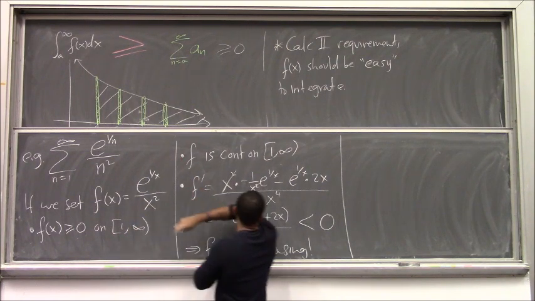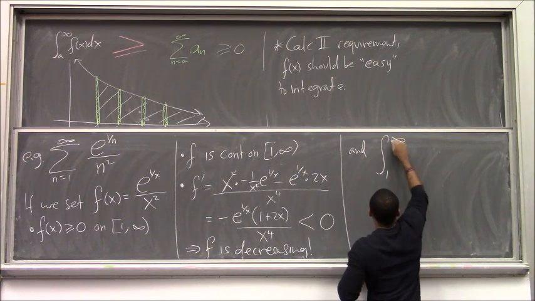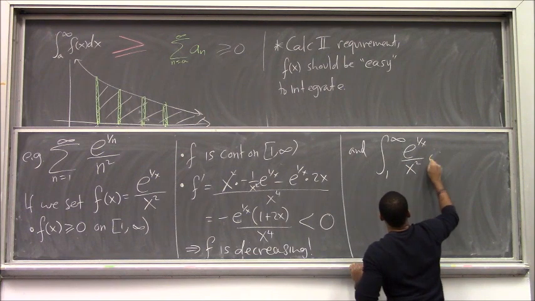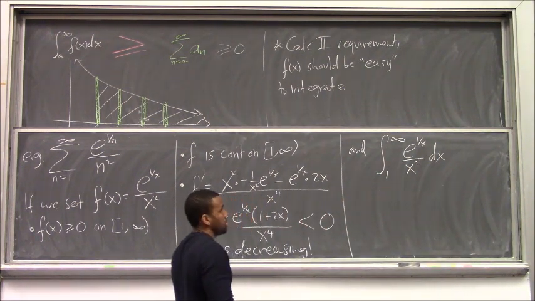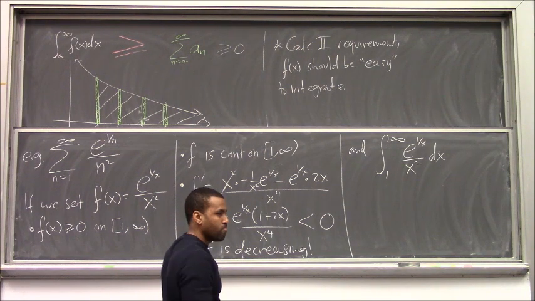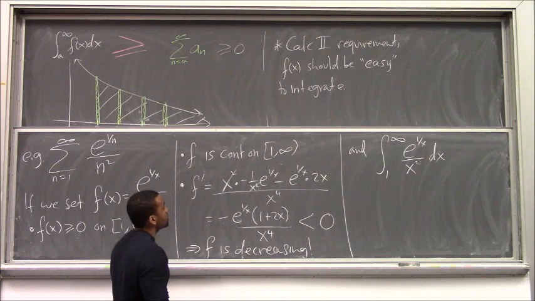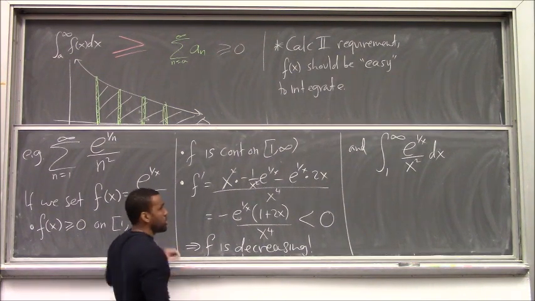How would you integrate that? The integral from 1 to infinity of e to the 1 over x over x squared. Remember you're training grasshoppers.